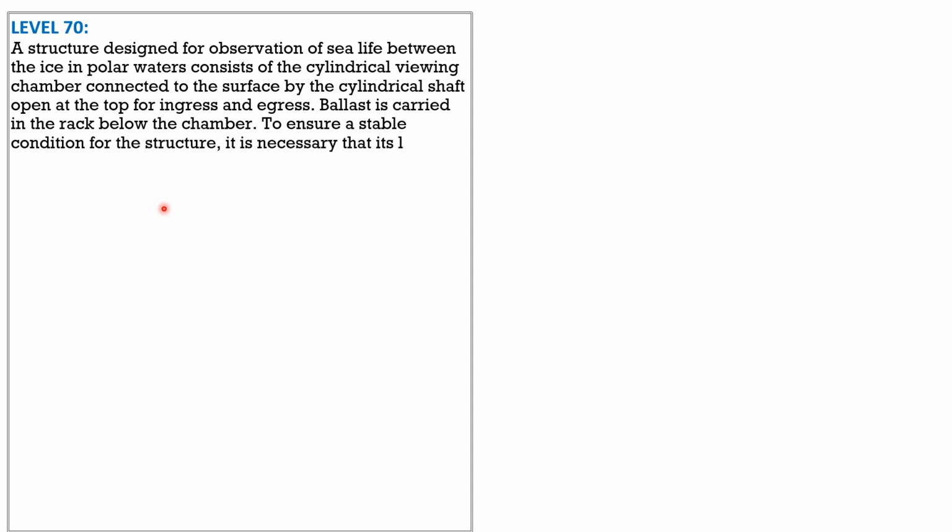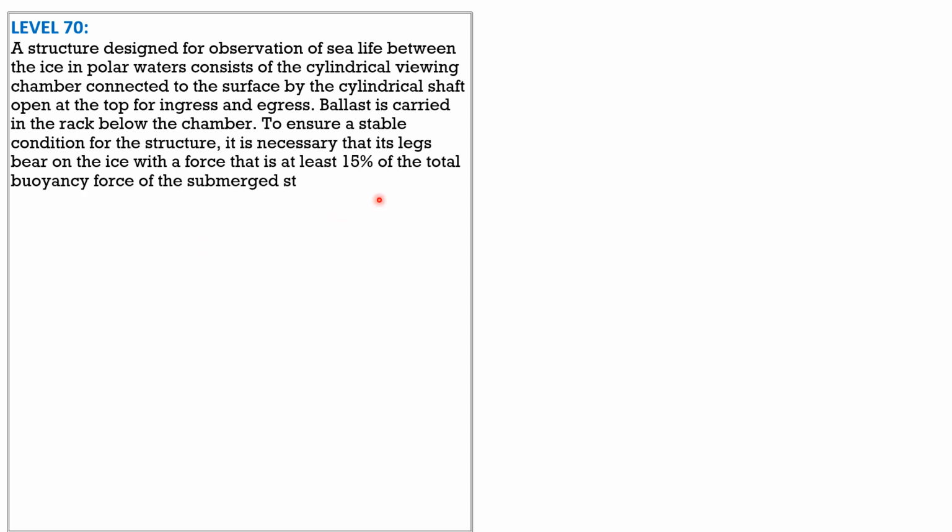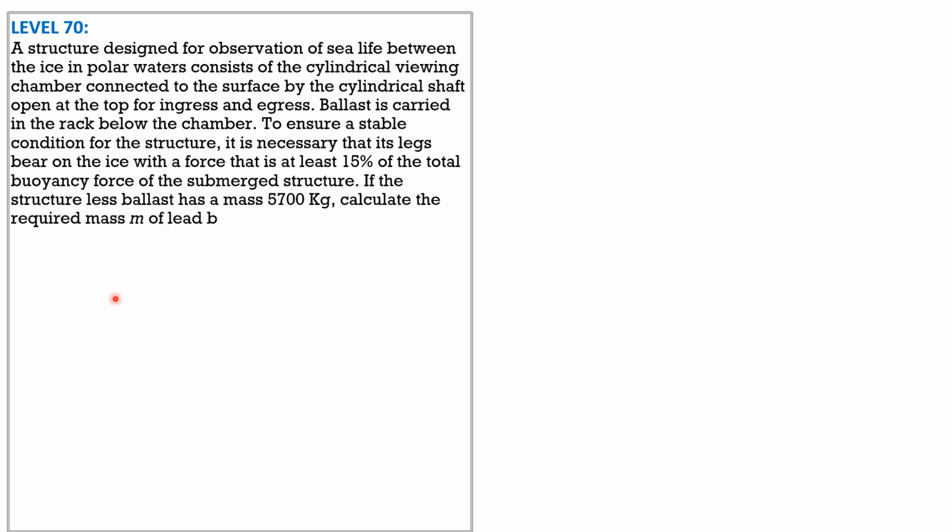To ensure a stable condition for the structure, it is necessary that its legs bear on the ice with a force that is at least 15% of the total buoyancy force of the submerged structure. If the structure less ballast has a mass of 5,700 kilograms, calculate the required mass m of lead ballast. The density of lead is 11,370 kilograms per cubic meter.